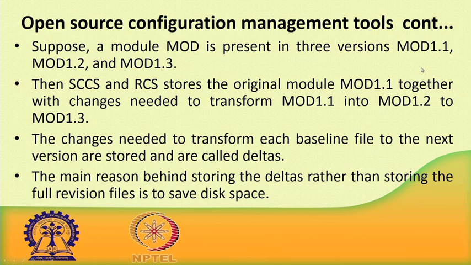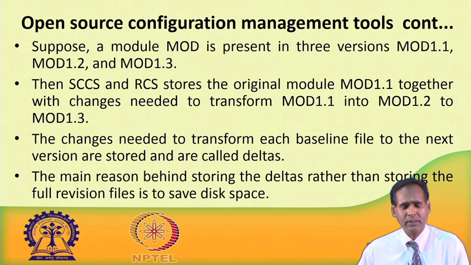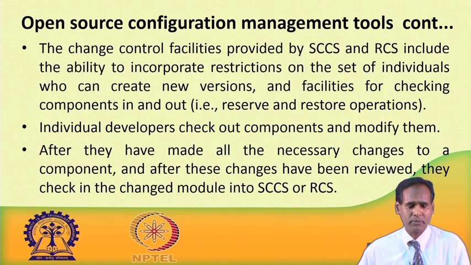If I store all these versions, module 1.1, module 1.2 and module 1.3, the disk storage requirement will be very high. But if I store only the baseline version module 1.1 and the changes required to transform into module 1.2 and module 1.3, the required disk space will be very less. So, RCS and SCCS follow this approach.